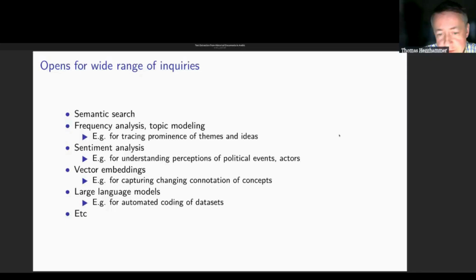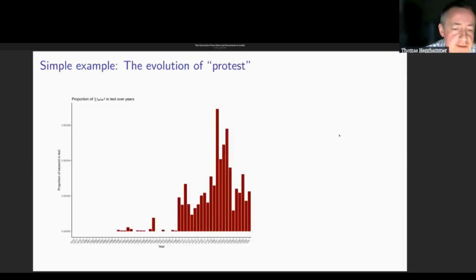It's a tiny teaser. I just want to show you one graph here produced by Chris Barry, one of my collaborators. It shows the n-gram, the evolution in the proportion of the occurrence of the word ihtijaj, protest, over the years.